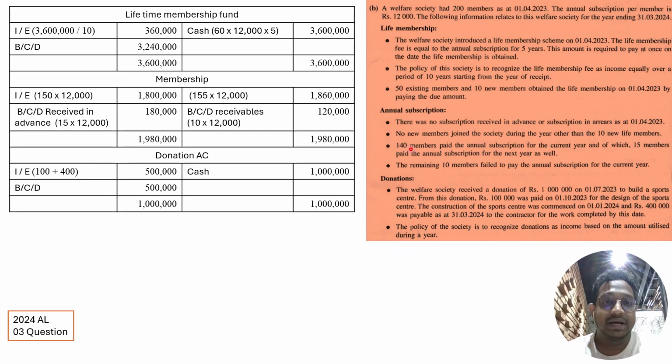So there are 150 normal members, right? So 150 into 12,000, whether you receive in cash or not, the total income is 1,800,000, right?